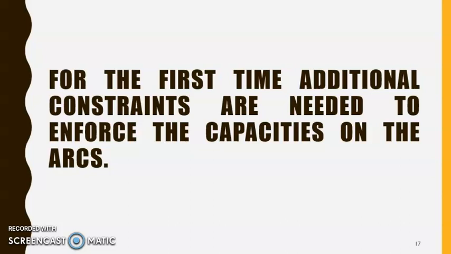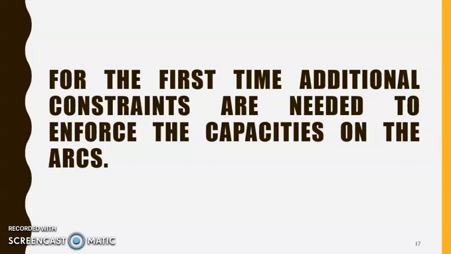When it was the transportation model, it was the cost. When it was assignment, it was days. When it was shortest route, it was distance. So all of them were directly related to the objective function, and we didn't put them in the constraint part. But this problem is a little bit different because it is some sort of constraint.